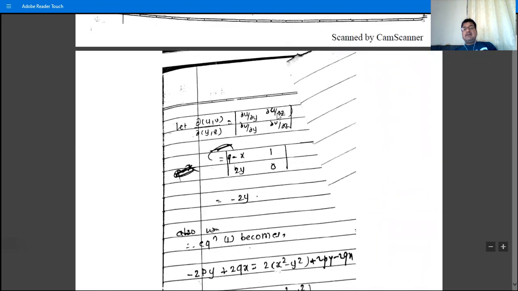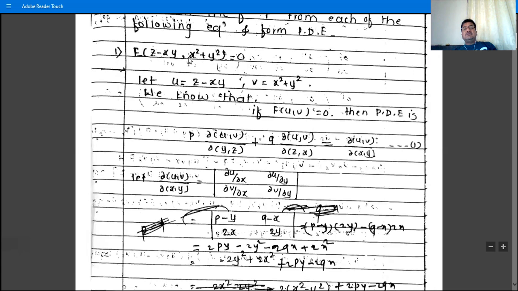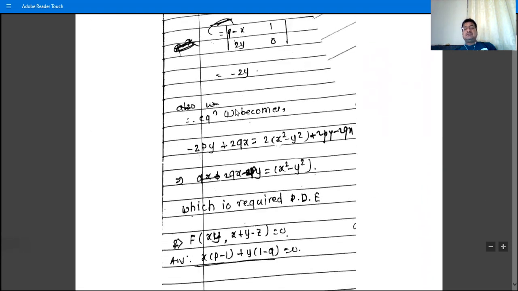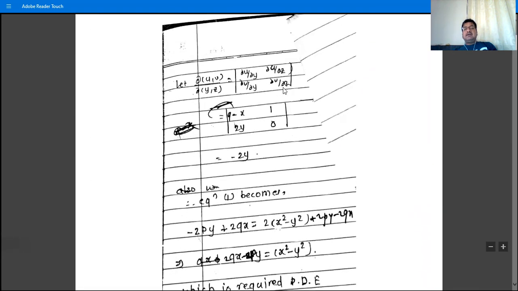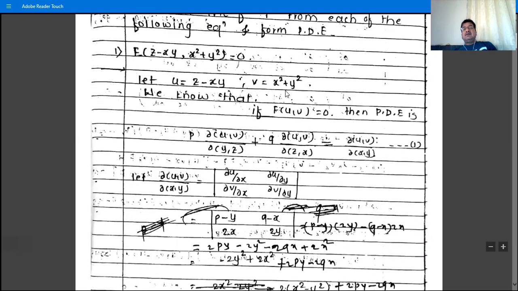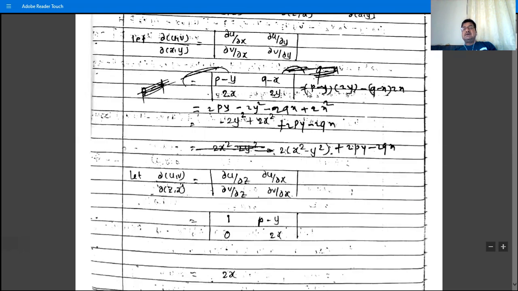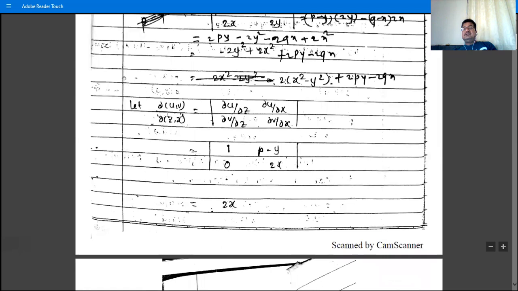And ∂u/∂z is 1, because the derivative of z with respect to z is 1, and the derivative of xy with respect to z is 0. And then ∂v/∂z, where v is x² + y², its derivative with respect to z is 0.